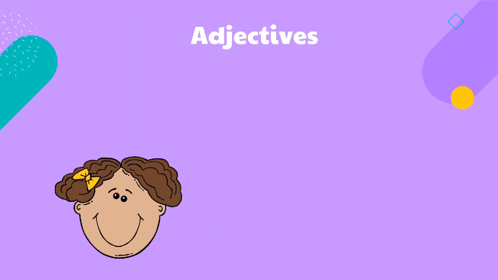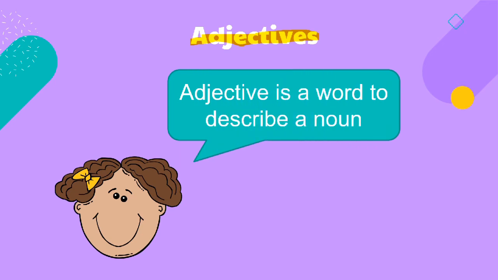Okay, so we move to the material, the core of the lesson today. We're talking about adjectives. Remember adjectives? In bahasa we call kata sifat. Yeah, there's a girl, and she says, adjective is a word to describe a noun.